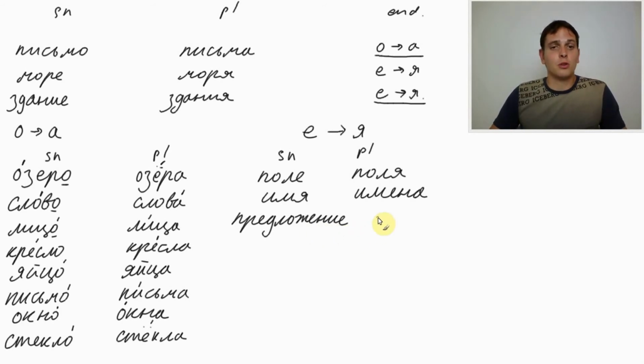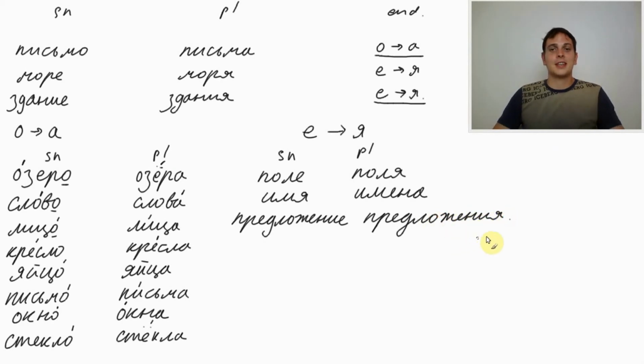And the plural of предложение, try to build it by yourself. What do we need to do here? Simply replace «е» with «я». Предложения. Sentences. A long word, however, very often used, because it's a sentence and also offer.